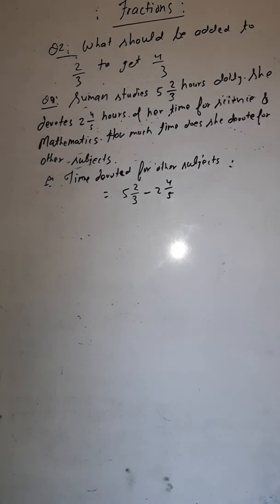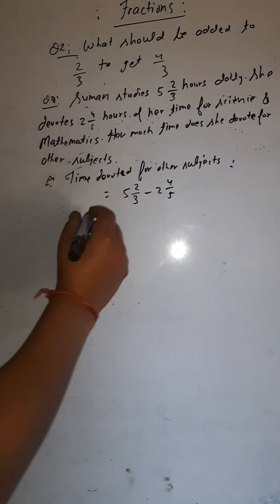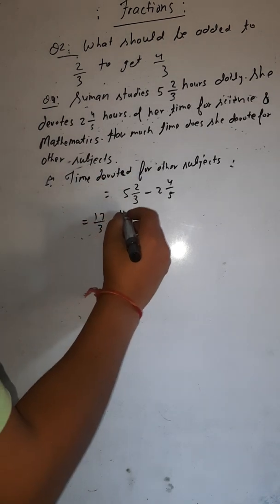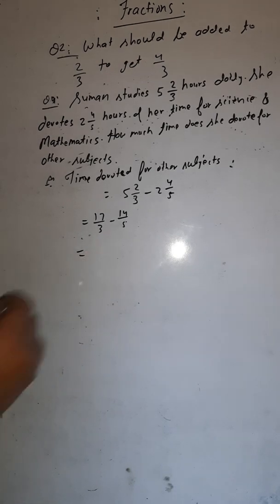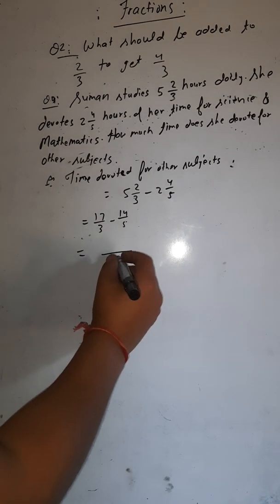Both you would be subtracting. Just simplify this. 5 times 3 is 15 plus 2, 17 by 3, minus 2 times 5 is 10 plus 4, 14 by 5. Just take the LCM of both these. LCM of 3 and 5 would be 15.